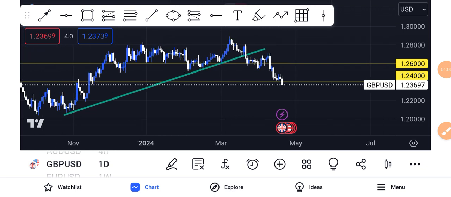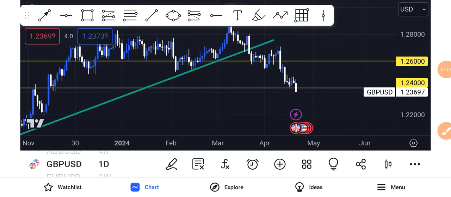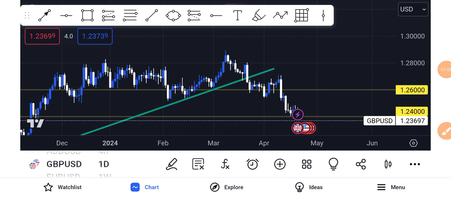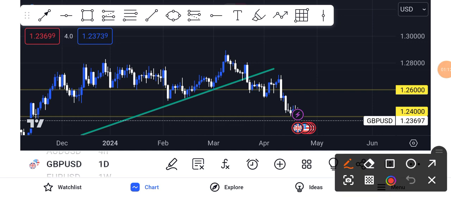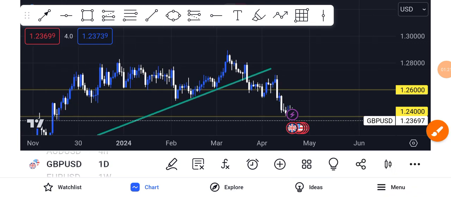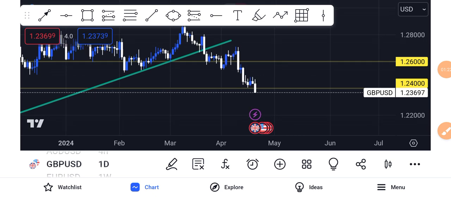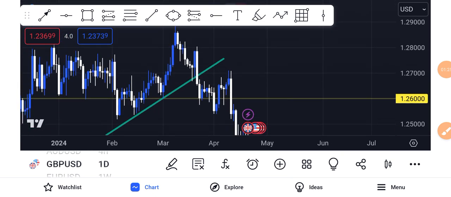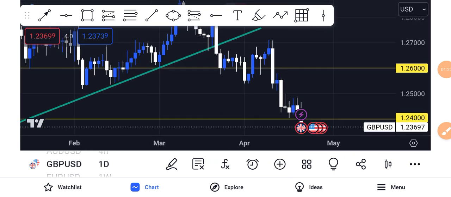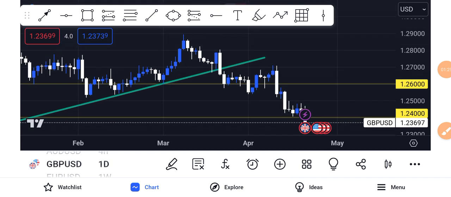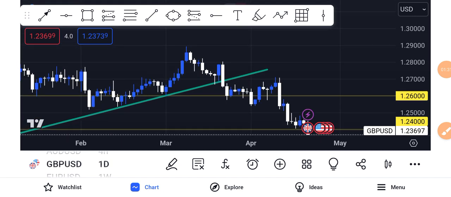And finally you realize that the market came back and took out the lows. You understand? Now what are our expectations? Start seeing lower highs and lower lows. So the market took out the previous lows and started creating, it actually made a head and shoulders pattern.